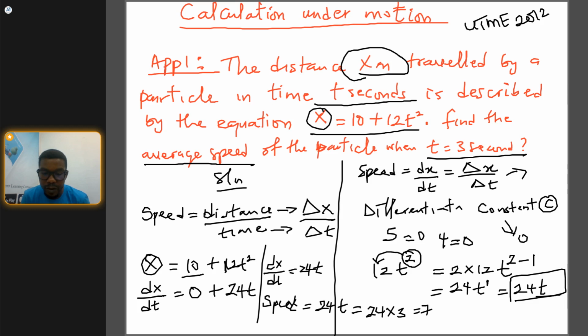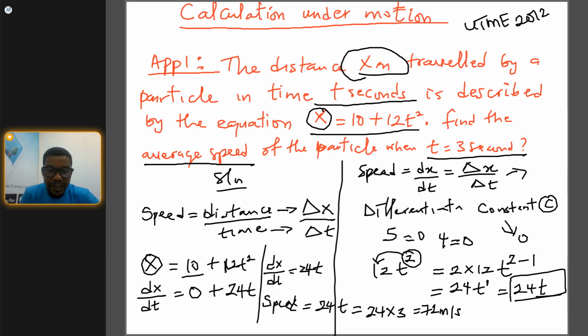And that gives us 72 meters per second. So the speed of this expression given to us is 72 meters per second. I believe this application is clear to us.